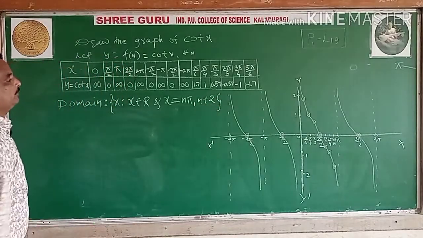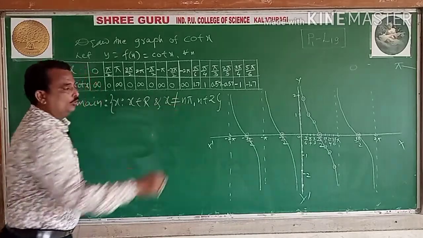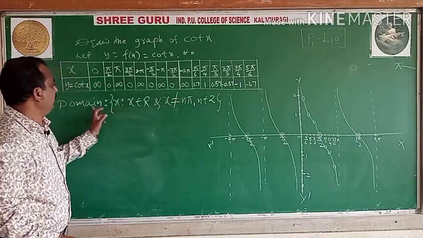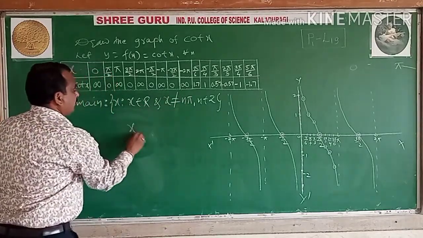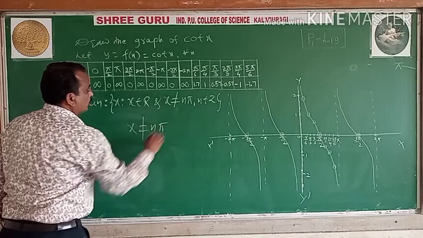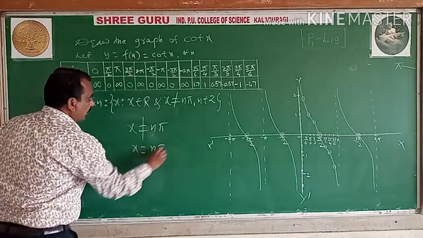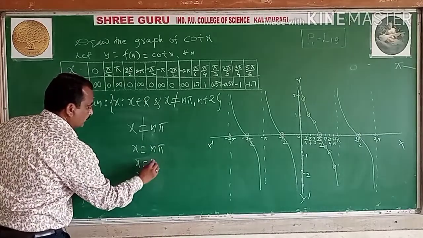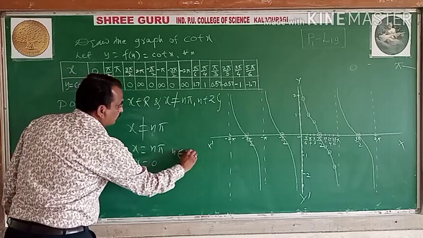So this is the domain of the graph. You don't want these values, except these values. So this is the domain, set of real numbers, but x is not equal to such values. Why not equal to such values here? Take n, belongs to the set of integers.